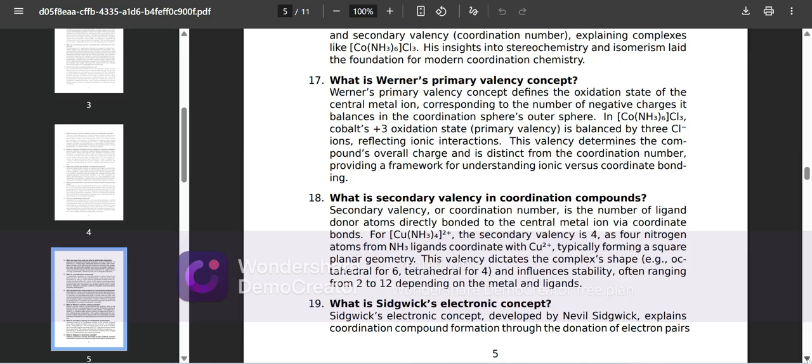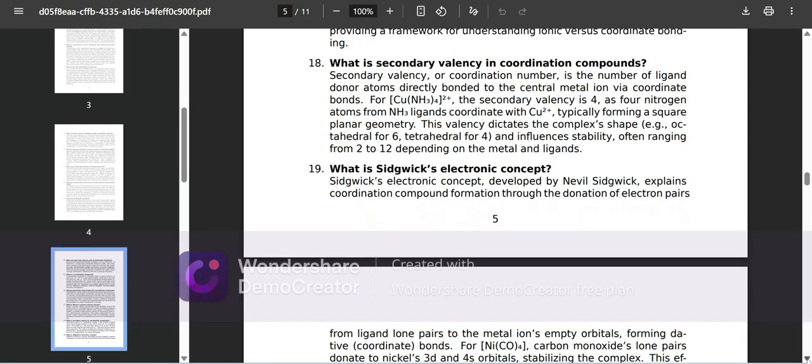Primary valency is balanced by three chloride ions, reflecting ionic interactions. This valency determines the compound's overall charge and is distinct from coordination number, providing a framework for understanding ionic versus coordinate bonding.